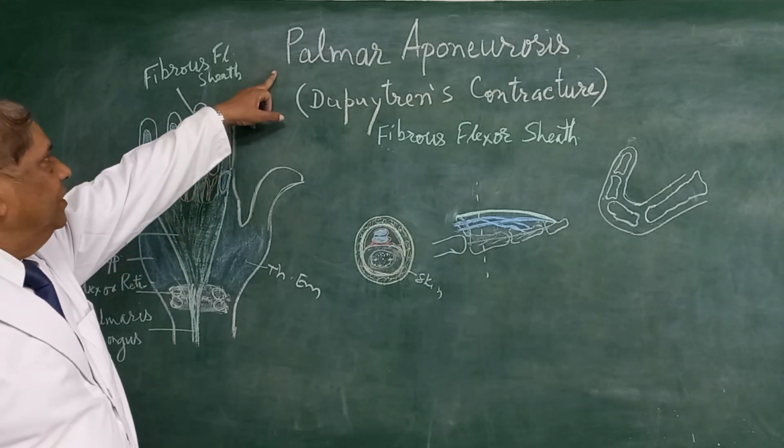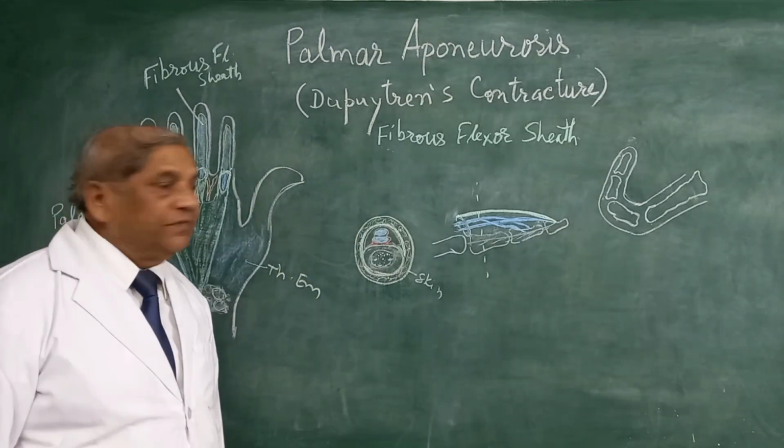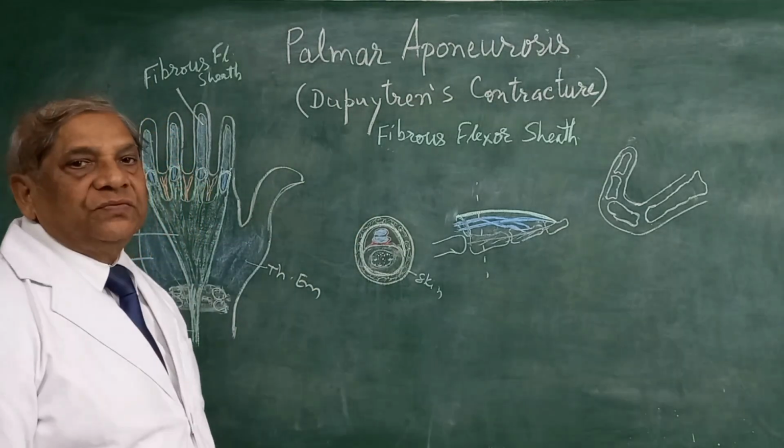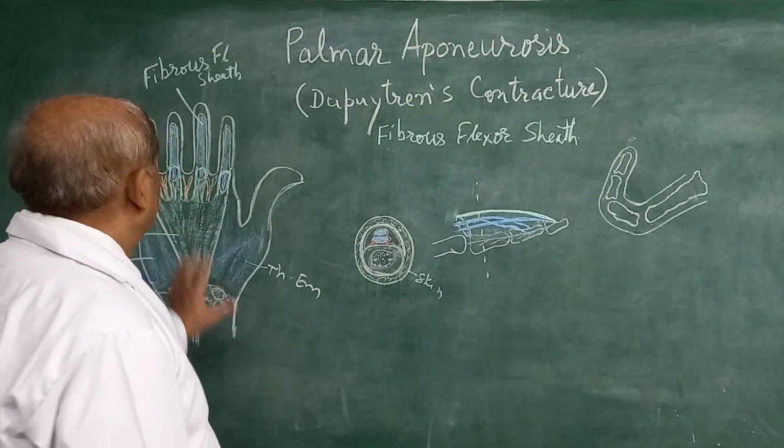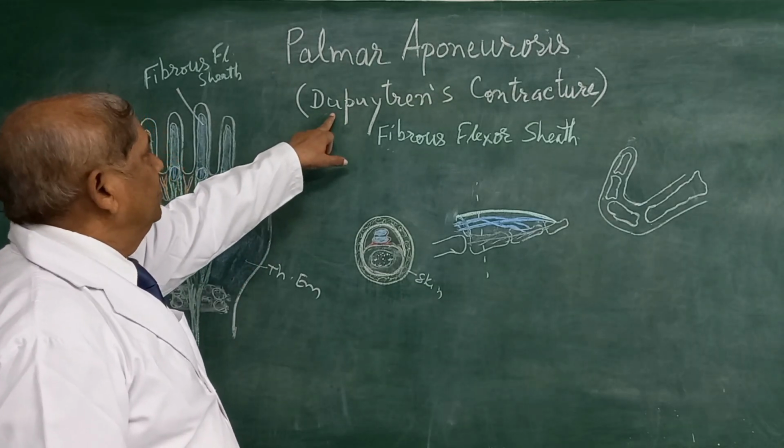Okay, let us see what is the applied importance of Palmar aponeurosis in continuation with that of the fibrous flexor sheath. Now, this is a Dupuytren contracture.